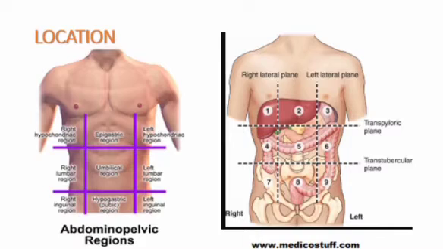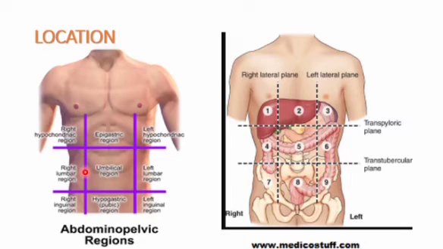The 2 horizontal lines are the transpyloric plane and the transtubercular plane. In this image, you can see the right lateral plane and the left lateral plane, and the transpyloric plane and transtubercular plane. Because of these 4 lines, the complete anterior abdominal wall is divided into 9 quadrants: 1, 2, 3, 4, 5, 6, 7, 8, 9.